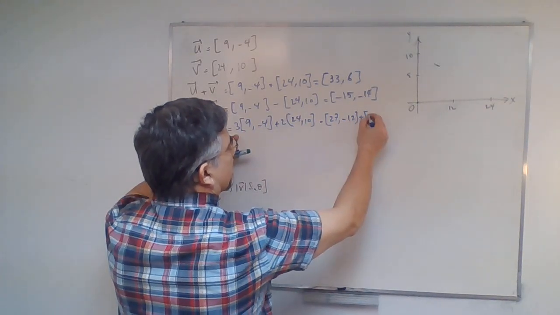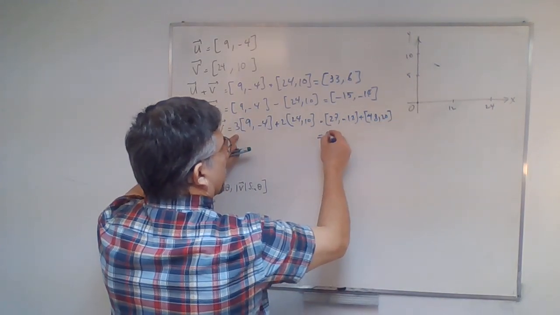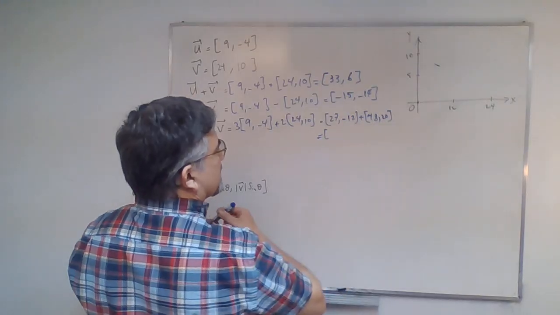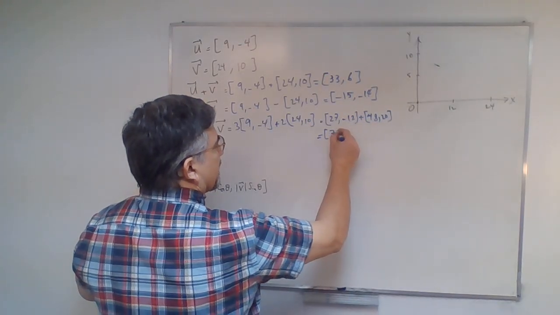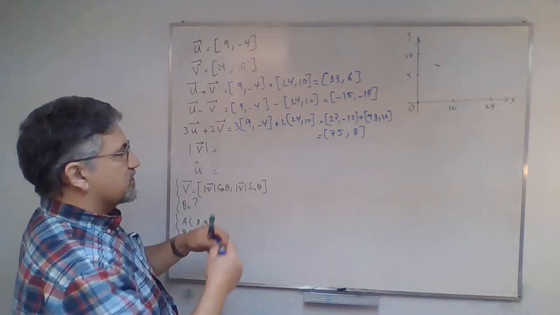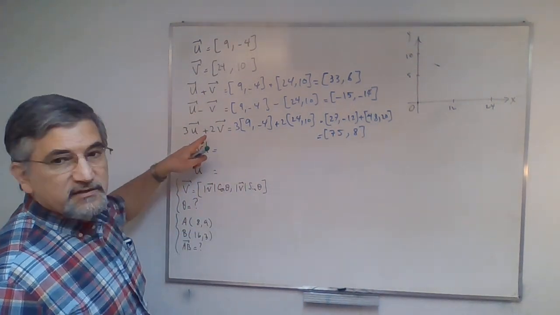And then 2 times 24 is 48. 2 times 10 is 20. So if you add them up, 27 and 48, that's 75. And -12 plus 20 would be 8. So this is the outcome of 3 times vector u plus 2 times vector v.